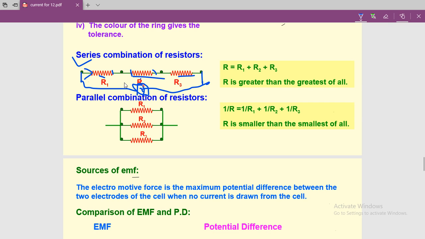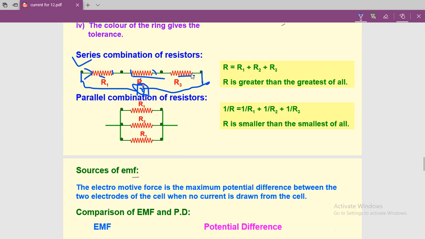Now take your copy and pen and note down the characteristics of series combination. What are the very important characteristics of series combination? The most important characteristic is that the current I flowing in the circuit is the same through all the resistors.